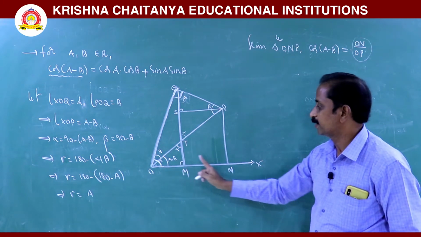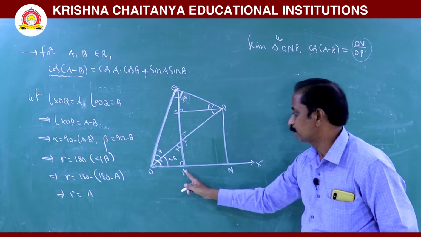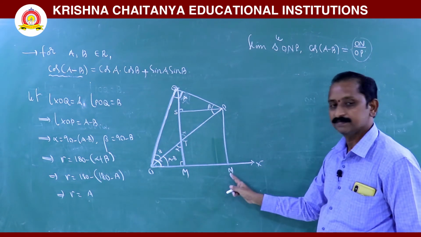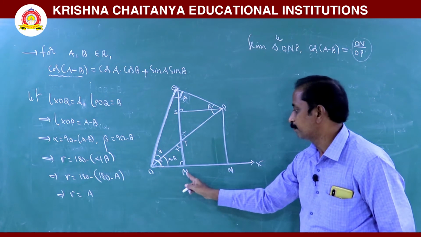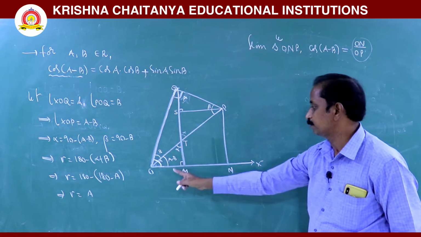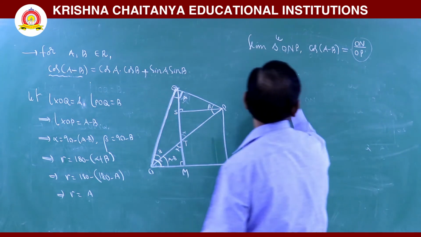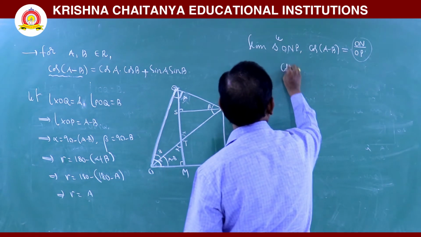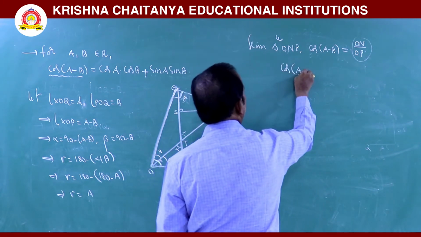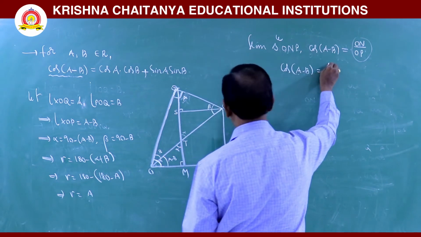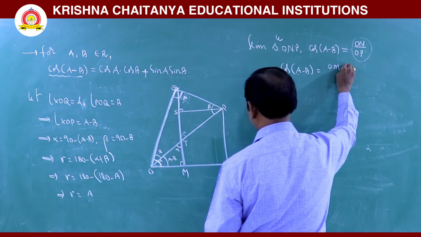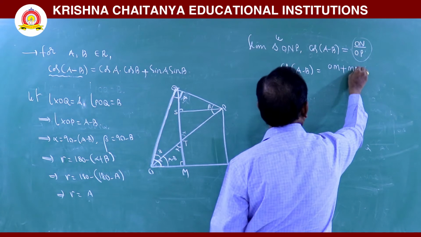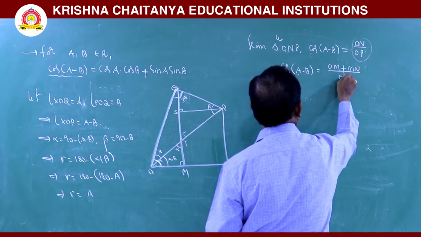ON can be written as a combination of OM and MN. So OM plus MN gives us ON. So cos of A minus B is equal to (OM plus MN) by OP.